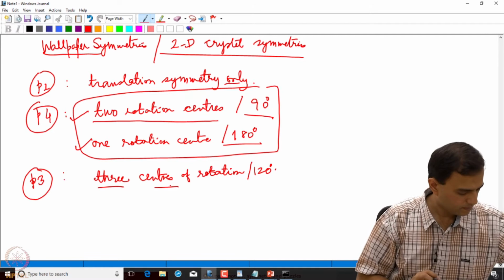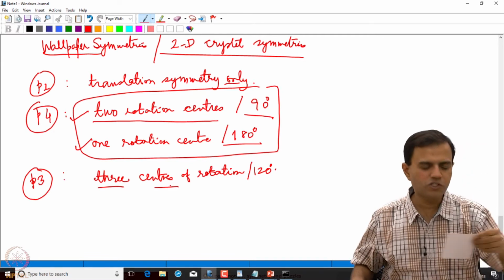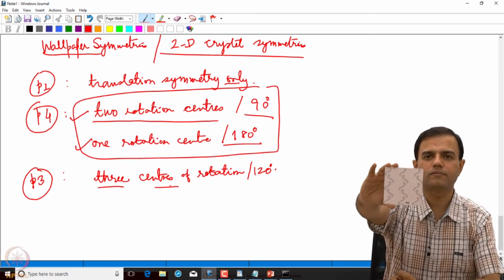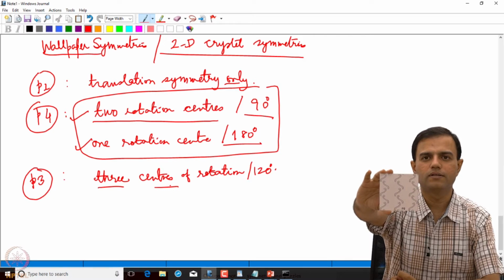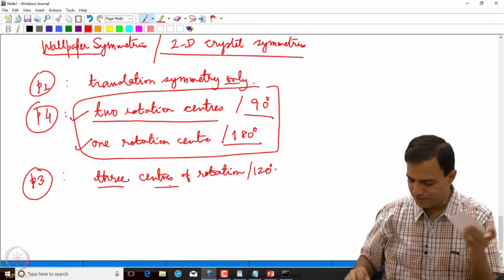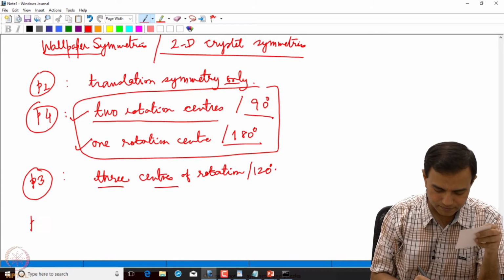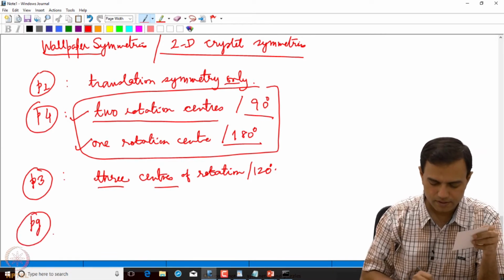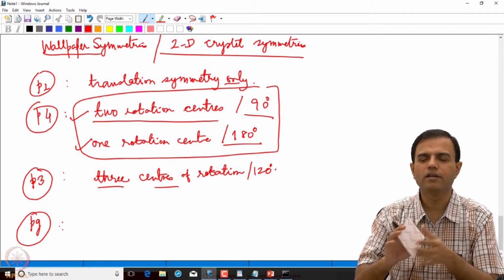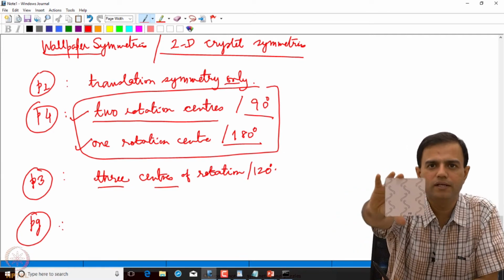And then there is this one, and the name is PG. Just the name. What does it have? Can you observe carefully?